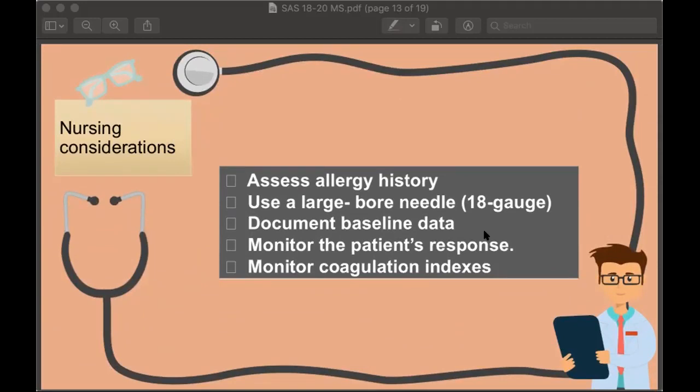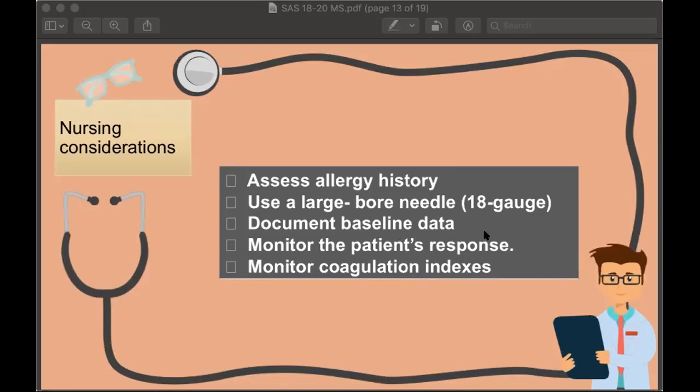Okay, and a while ago, I already said that we should use a large bore needle or the gauge 18. Okay. Document baseline data, monitor the patient's response. Okay. And monitor coagulation indices.